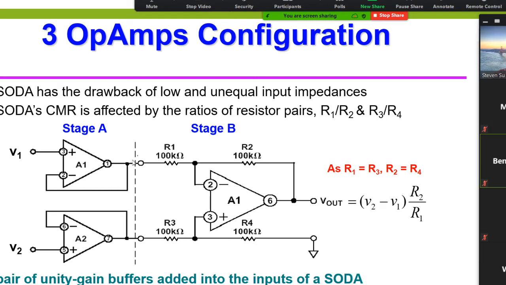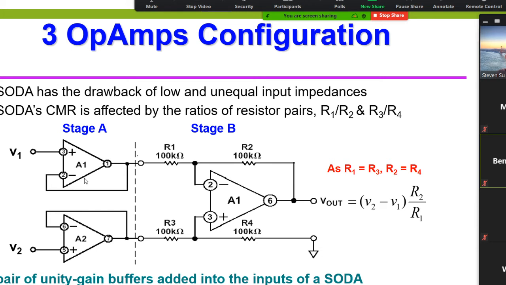So in that case, V1 equals here, V2 equals here, but the input impedance is increased a lot. Because you can see this is an ideal op-amp, so the V2 here equals the V minus. So easily you see V2 equals here, V1 similarly equals here. So they didn't change anything, but the input impedance increased greatly. So that's the 3 op-amp circuit.